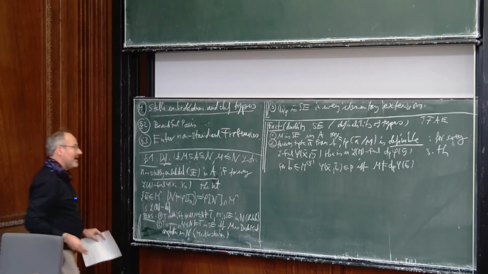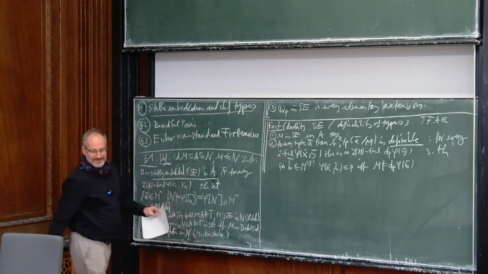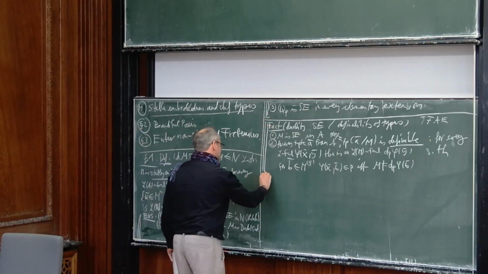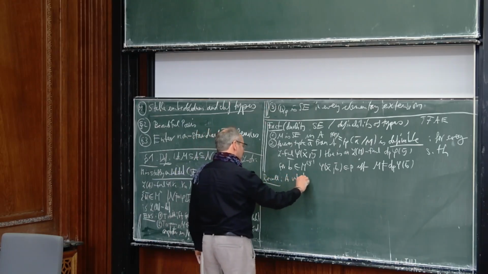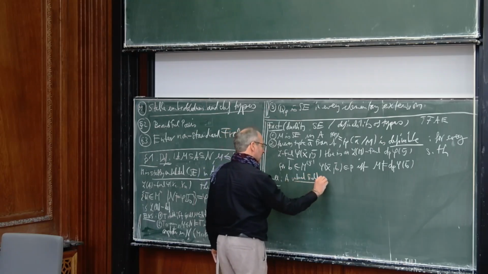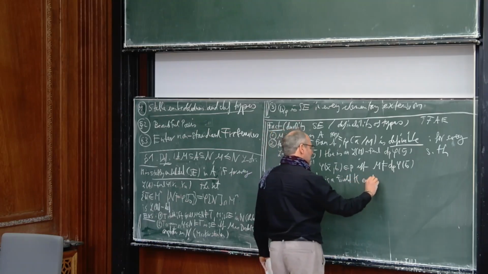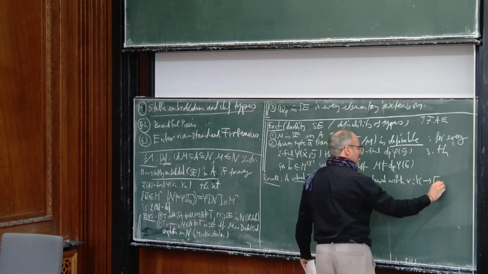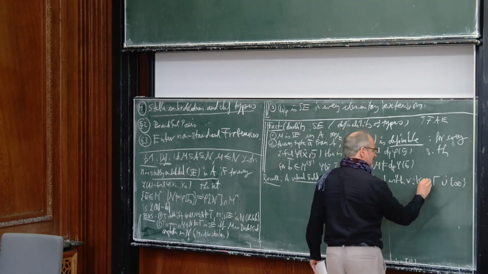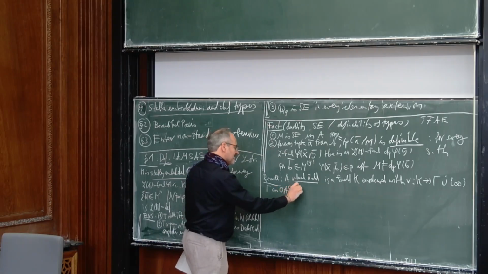Okay, so now I need another group of examples, which I already gave you as an exercise. So let's look at valued fields. So recall, a valued field is a field endowed with a valuation, a map v from K to Gamma union infinity, say surjective if I want, such that Gamma is an ordered abelian group, such that three conditions hold.